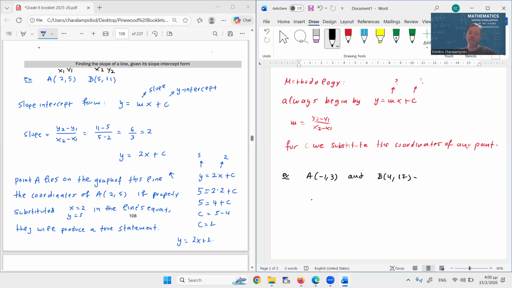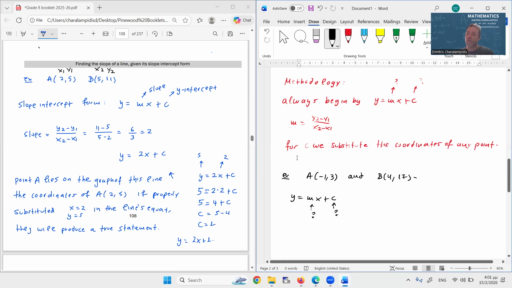You can either freeze or pause or take 1 or 2 minutes, and then I will solve it with you as well. Let's solve it then. Like I said, y equals mx plus c. We always begin with that. And then we just need to find the values of m and c.